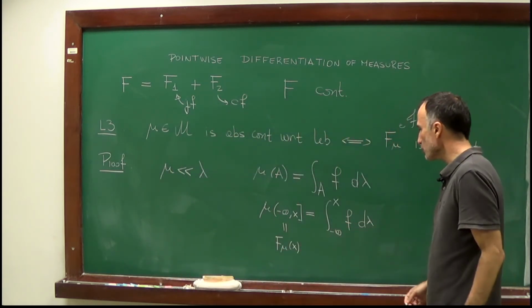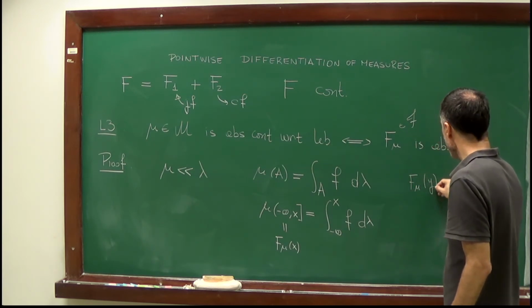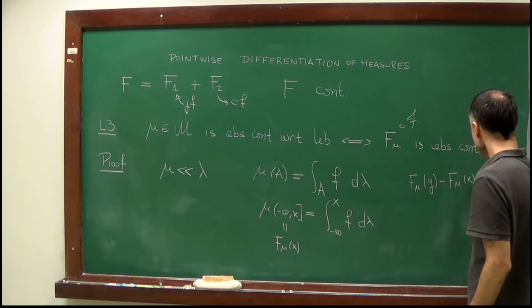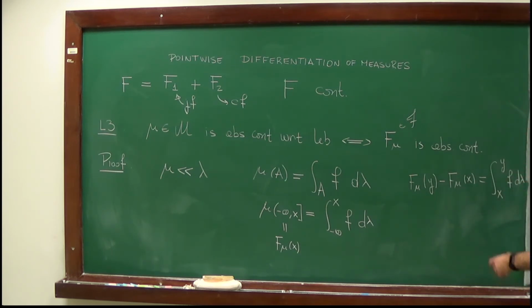And if you're concerned with the minus infinity, you can just say that f mu of y minus f mu of x is equal to the integral from x to y of f d lambda. And we have seen that if a function can be written as the integral of this function f, mind it's integrable over all finite intervals, so this is an integrable function in any interval minus n to n, and we have seen that if a function satisfies this identity, then it is absolutely continuous.